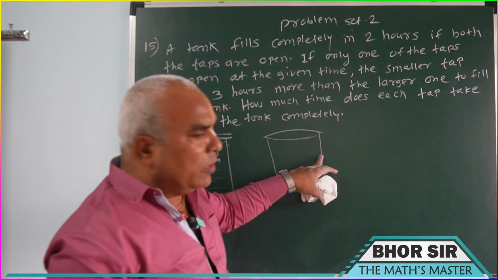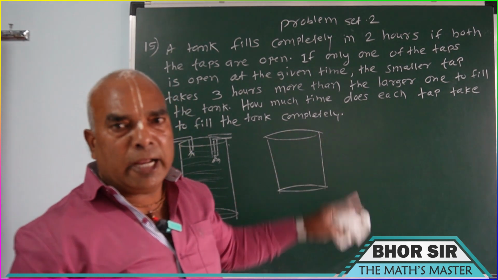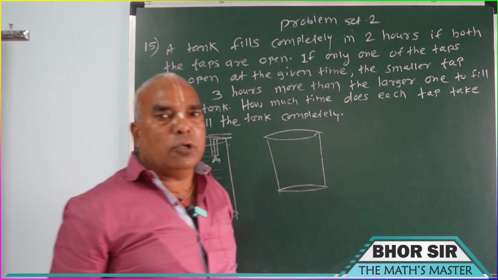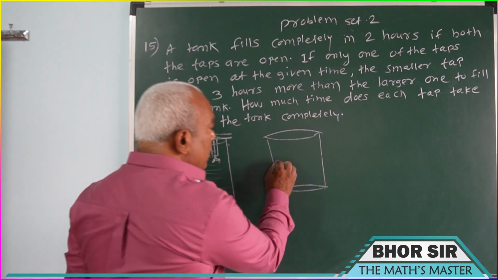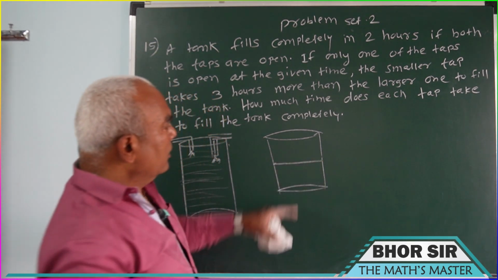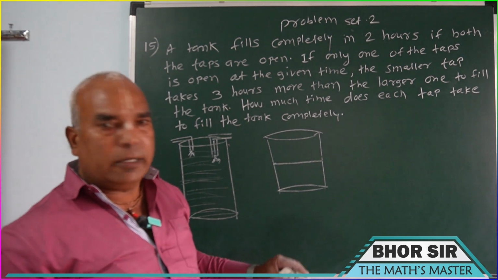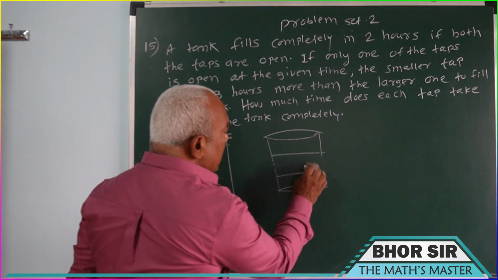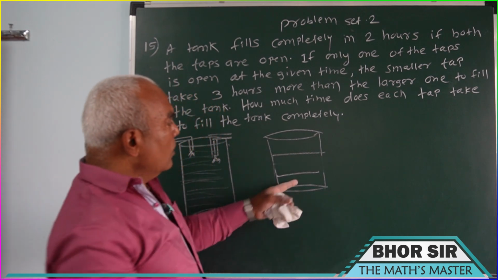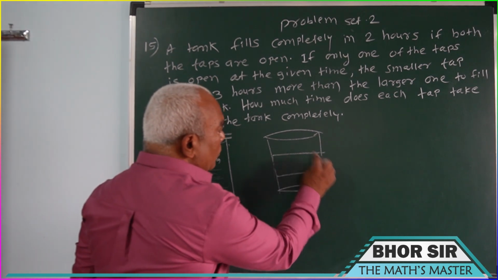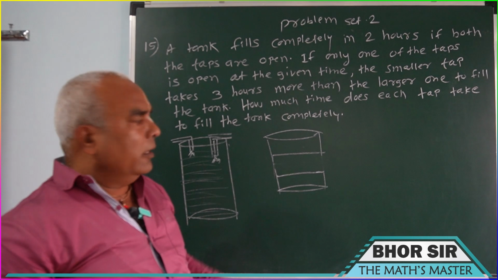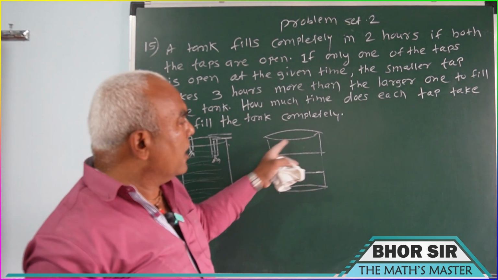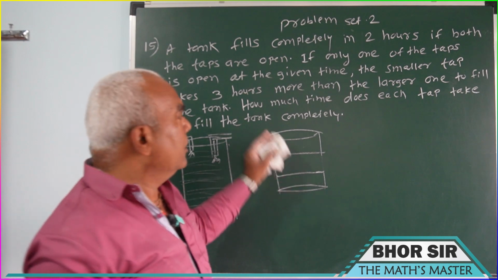Suppose 2 hours are required, then 2 parts are made, one part in each hour. If 3 hours are required, then 3 parts, 1/3 each. 4 parts means 1/4 each. 5 parts, 1/5 each.